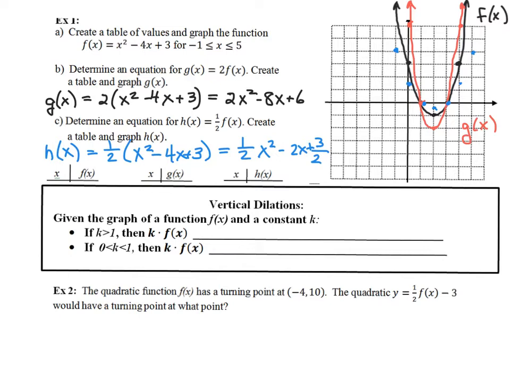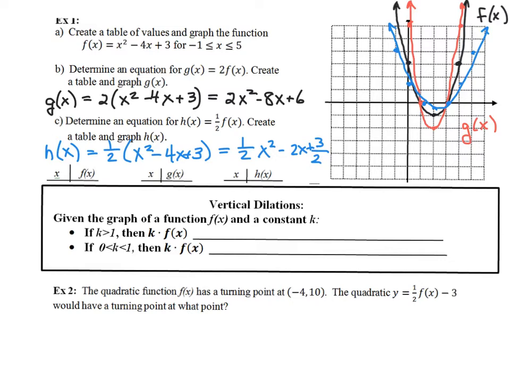So you'll notice that all three graphs have exactly the same x-intercepts, but all of the other points have changed. In the case of the blue graph, each y-coordinate is half as much as the graph of f of x.